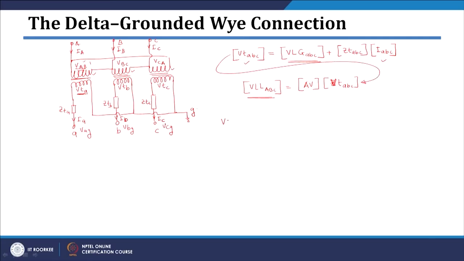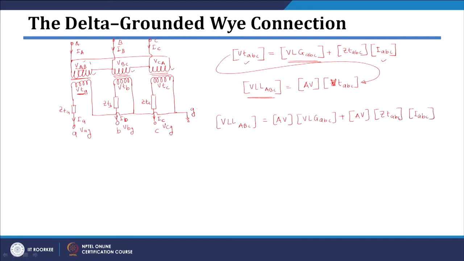So in that case your equation will be VLLABC equal to your matrix AV into VLG small abc plus AV into ZTABC into IABC.